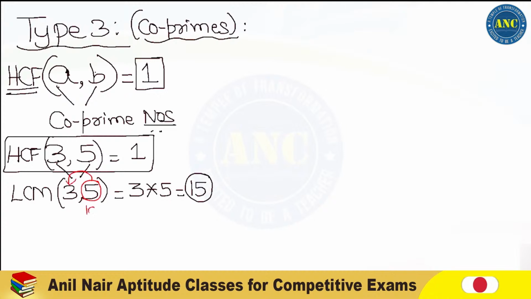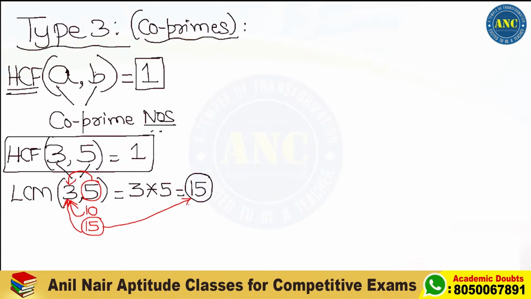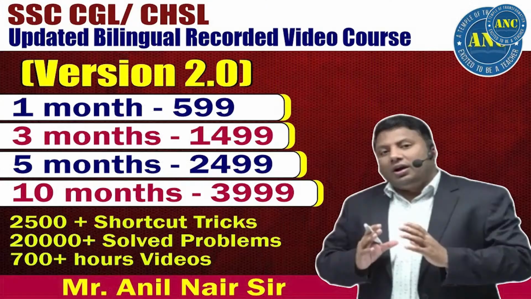Take the next multiple of 5, 10, which is also not a multiple of 3. Take the next multiple of 5, 15. Is 15 a multiple of 3? Yes, that is what I got here also. That means whenever two numbers are co-prime to each other, you don't need to apply type 2. Rather, you can directly multiply the numbers. It's very simple, and you will get the answer so fast.